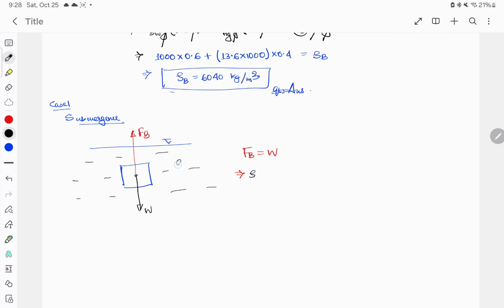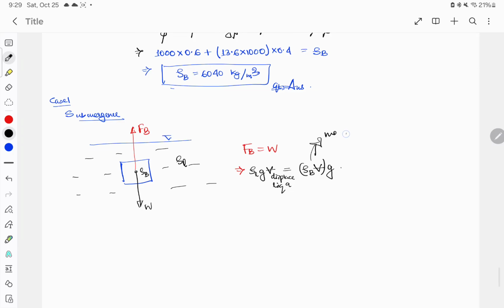It is the liquid's density into g into the volume of liquid displaced. And weight is mass into g, where mass is density into volume, so weight is mg. This should not create any confusion.